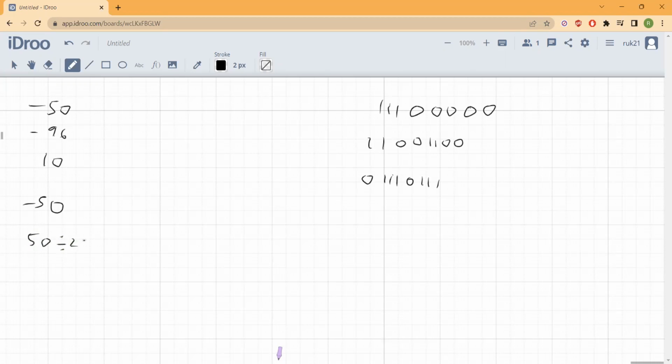2. So 50 divided by 2 is equal to 25 and remainder is 0. Then you're going to take 25, divide it by 2, and that is going to give us 12, remainder of 1. 12 divided by 2 is equal to 6, remainder of 0.